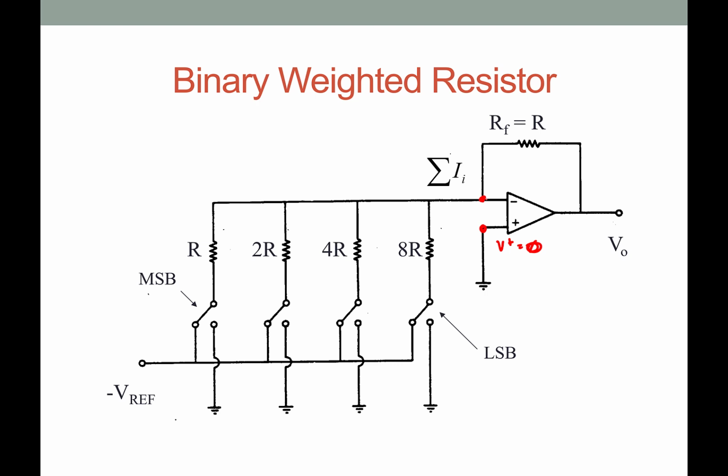We can say, notice that this Vref is down there, but I can say V minus, well, maybe let me do it over here to make it a little bit more clear.